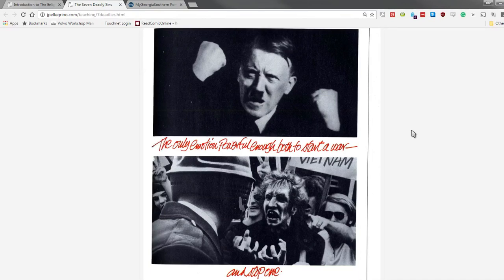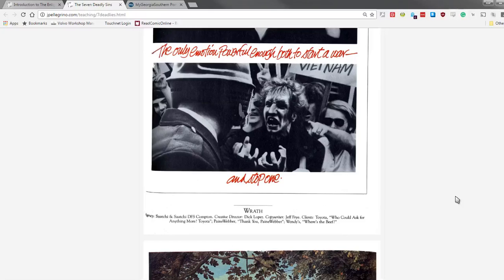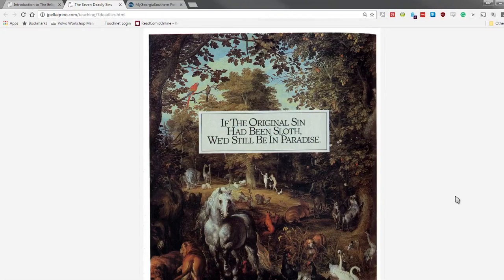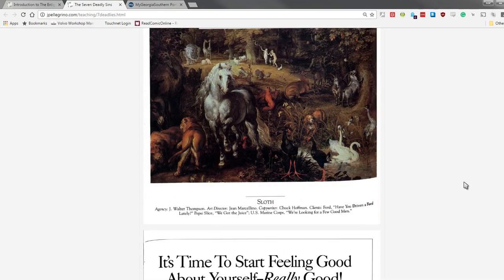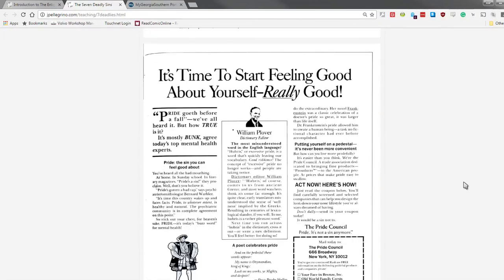Wrath, the only emotion powerful enough to both start a war and stop one. Wow, that's pretty profound. One of my favorites here, if the original sin had been sloth, we'd still be in paradise. Right? Sloth, just absolute laziness.